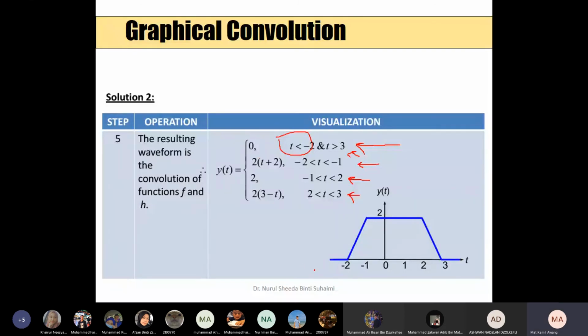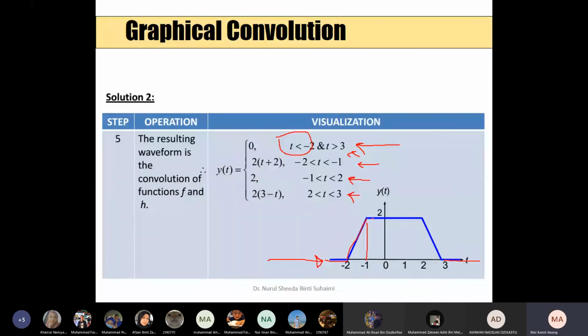And when you plot, you get this shape. Right? 0 when t is less than minus 2, and also 0 when t is greater than 3, and 2 times t plus 2 between minus 2 and minus 1 here. So you get this.